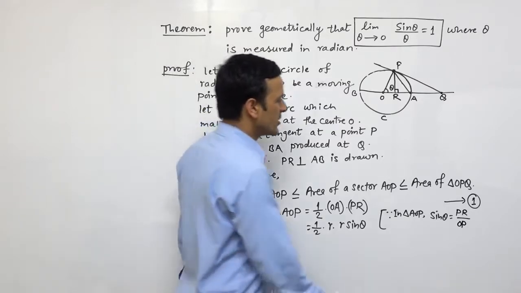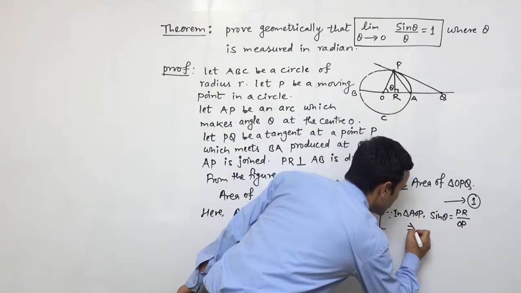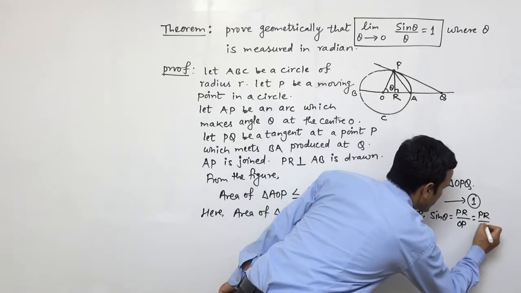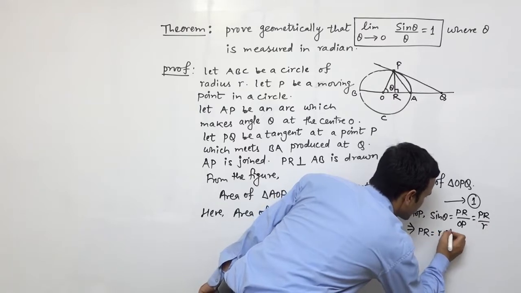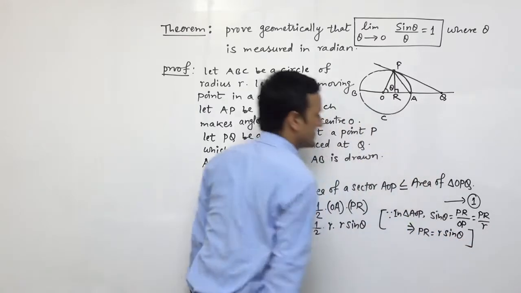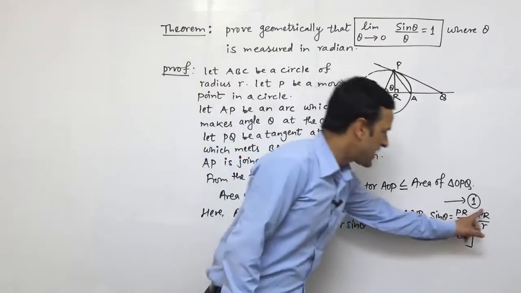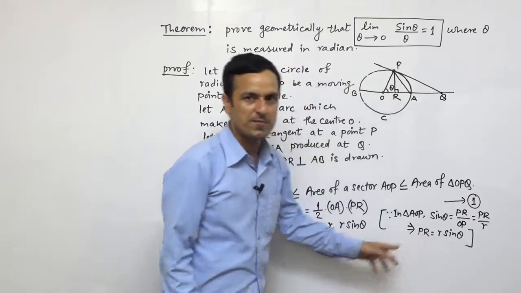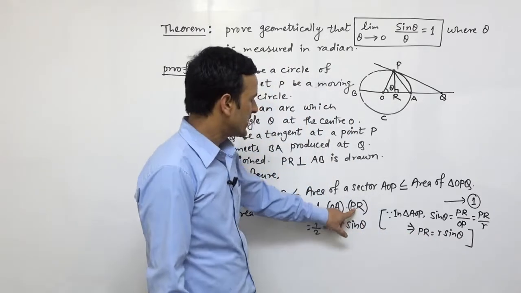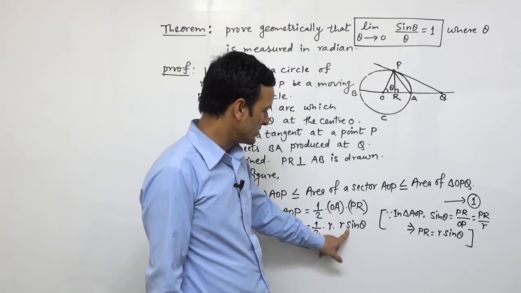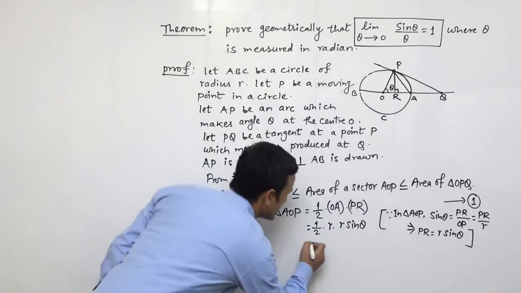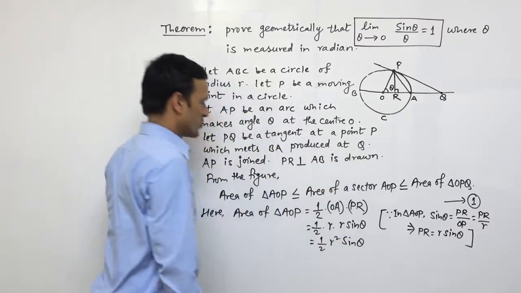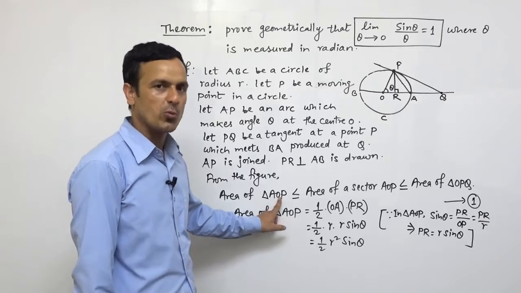So PR means OP sin theta. So from this PR is equal to OP, also we can write the small r. So it is R sin theta from here. PR को value हामी यसरी निकाल्न सक्छौं. R times sin theta गर्ने बित्तिकै we get the value of PR. So in this place we can substitute the value R sin theta, which is 1 upon 2 R square sin theta. So this is the area of triangle AOP.